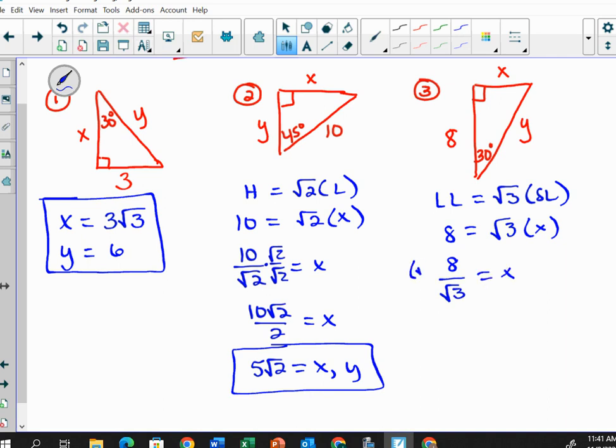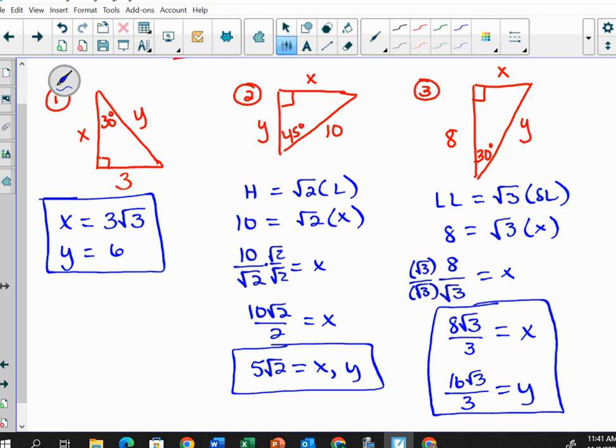I need to rationalize. I get 8 root 3 over 3 for x. That's the short leg. How do I find the hypotenuse? Okay, what do I get when I multiply that by 2? Okay, good. And that is the end.